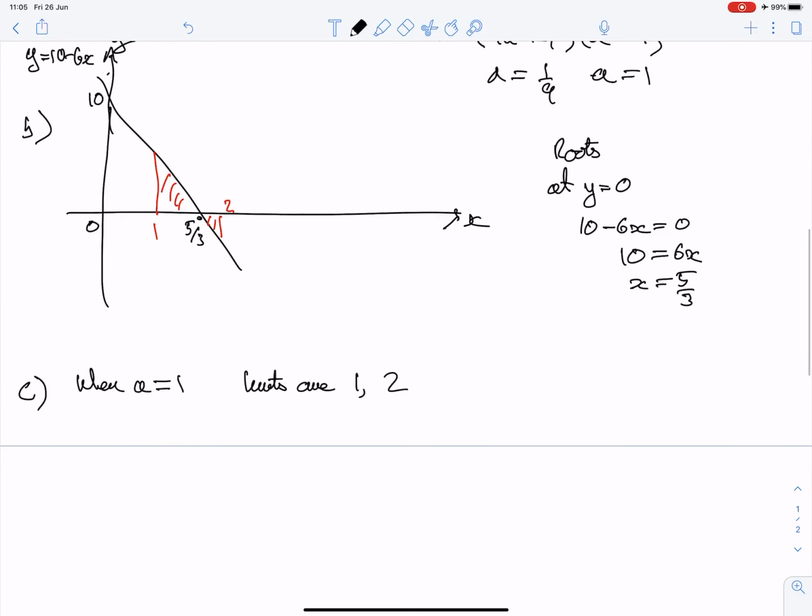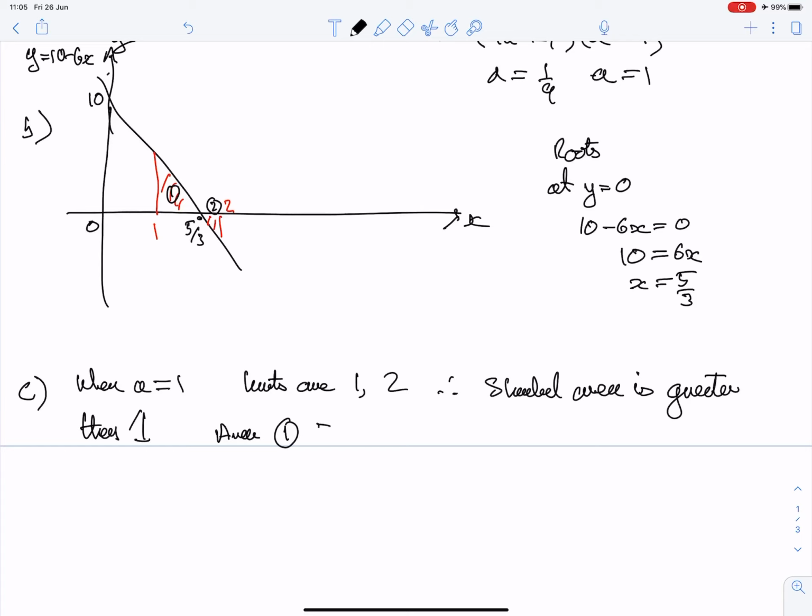Well, the shaded area is greater than 1, because the bit to the right, so if I call this 1 and this 2, area 1 is greater than 1 and area 2 is negative.